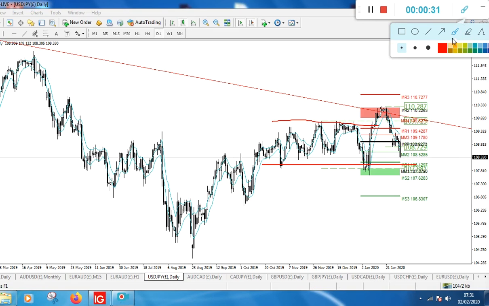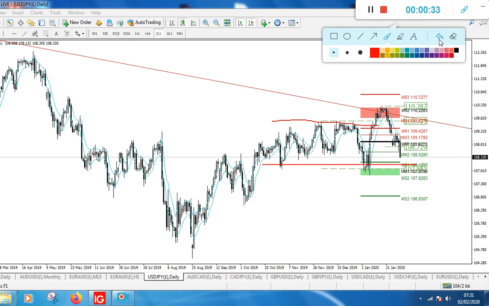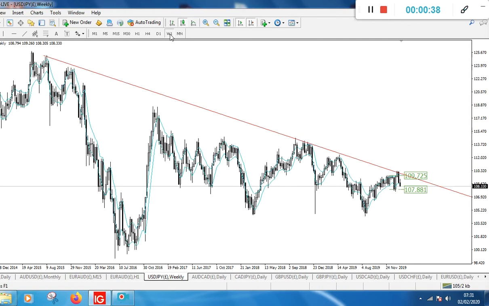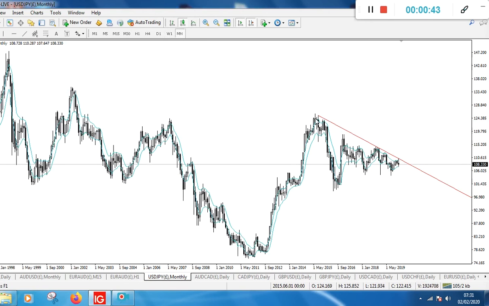But if we have a look at the higher time frames, on the weekly and even monthly, this nice trend line down here, I would still be looking at the long side for the short term. Long term, I would be looking to short this currency.